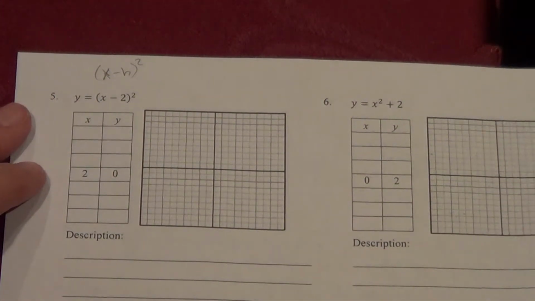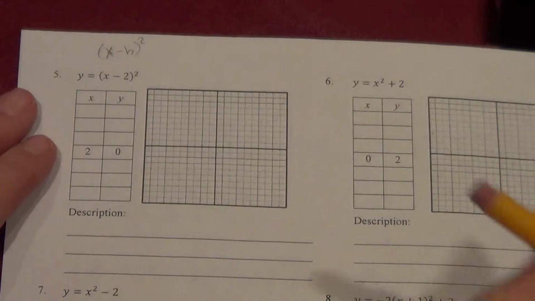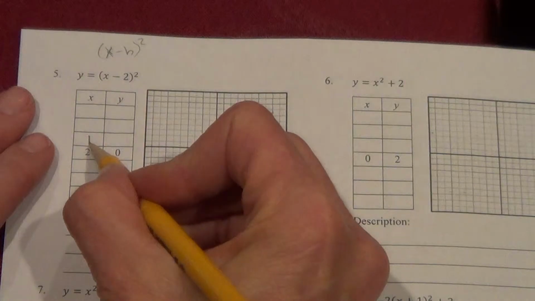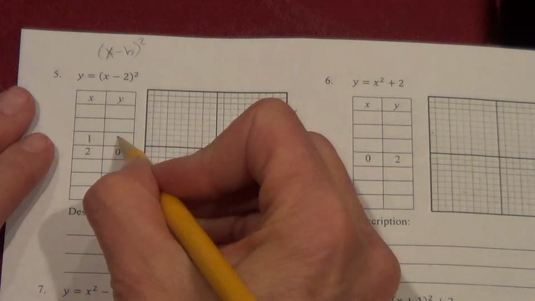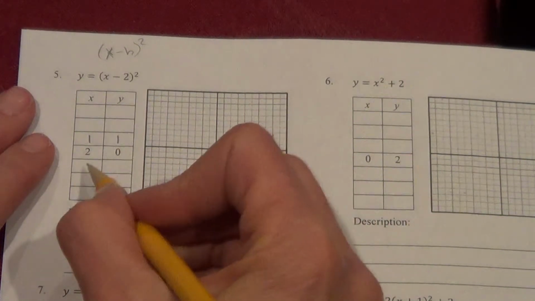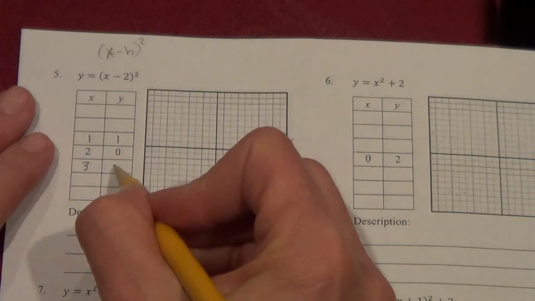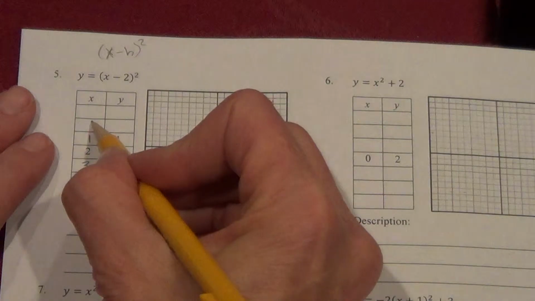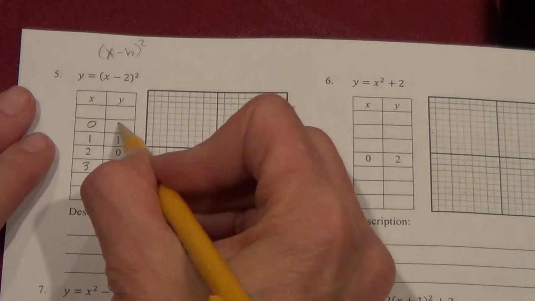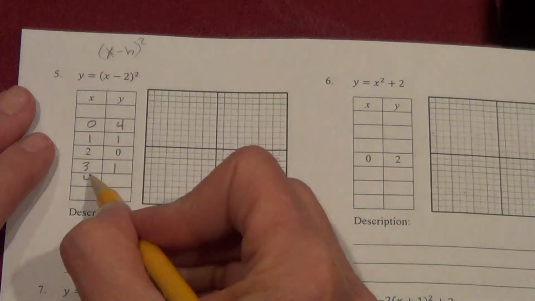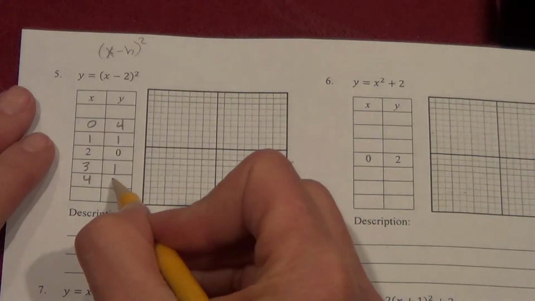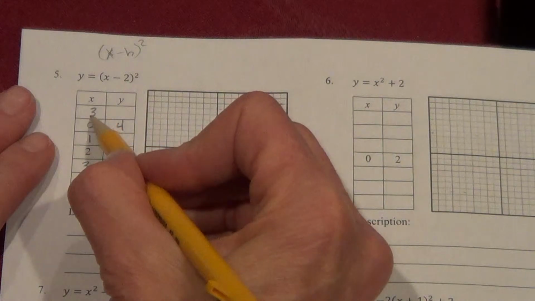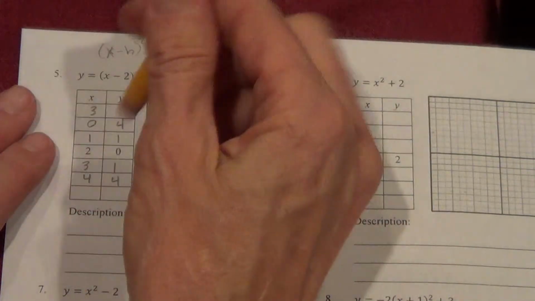Okay, so we get, let's go 1 minus 2 is negative 1. Negative 1 squared is 1. 3 minus 2 is 1. 1 squared is 1. 0. 2 squared is 4. 4 minus 2 is 2. 2 squared is 4. And 3 minus 2 is, whoops, I'm sorry.